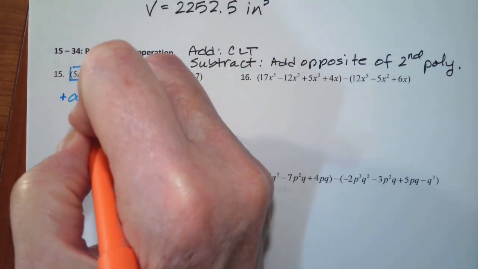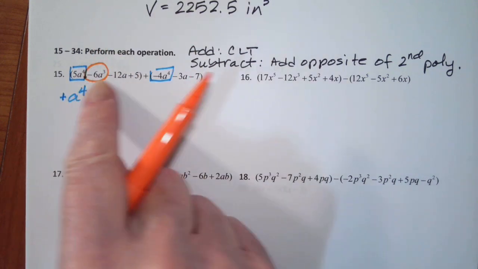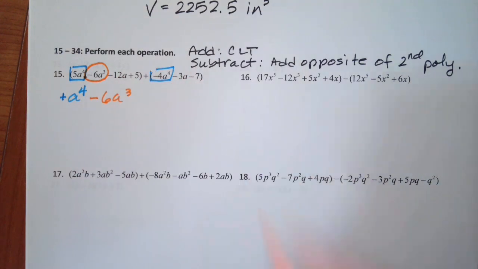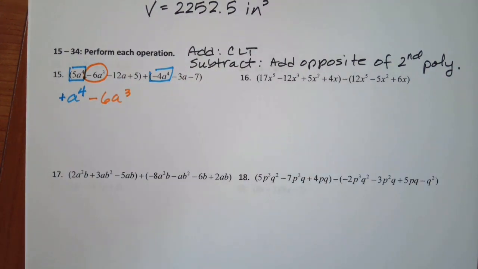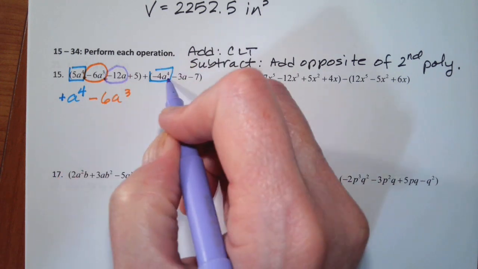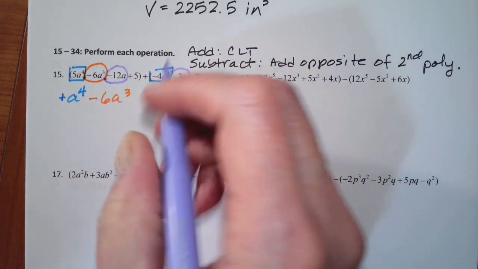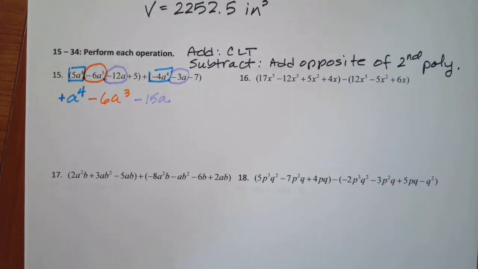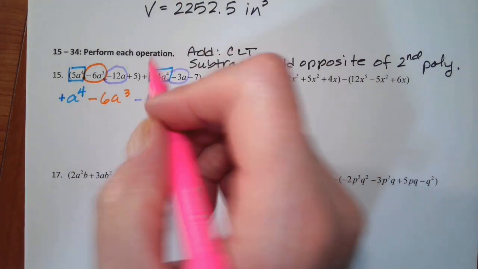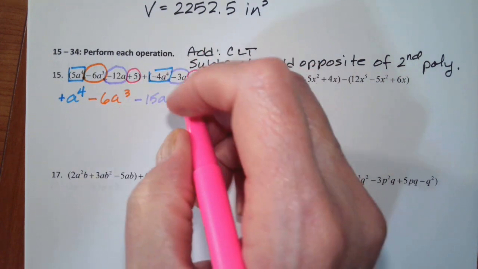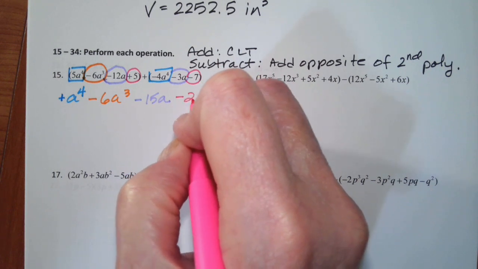I have negative 6a to the third, and I don't have anything I can add to that. Then I have a negative 12a and a negative 3a, which gives me negative 15a. And finally I have a 5 and a negative 7, which gives me negative 2. And there's my answer.